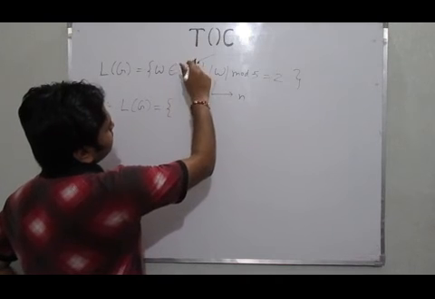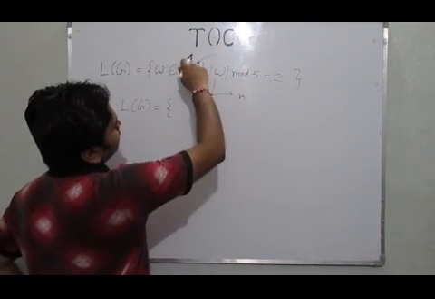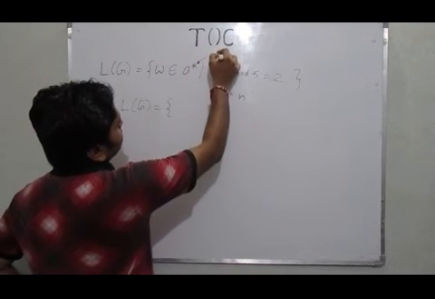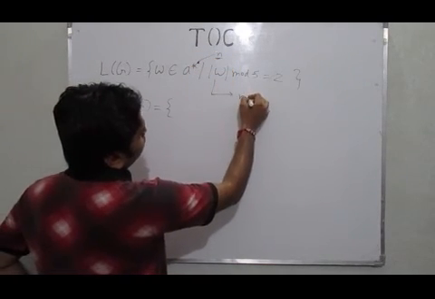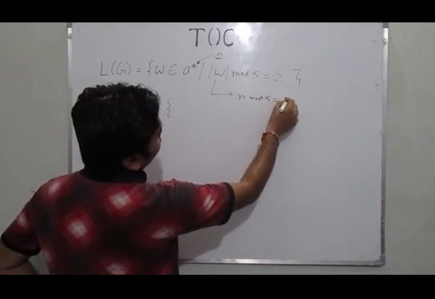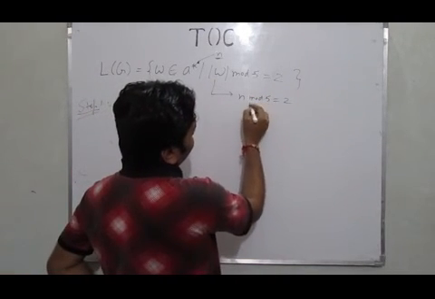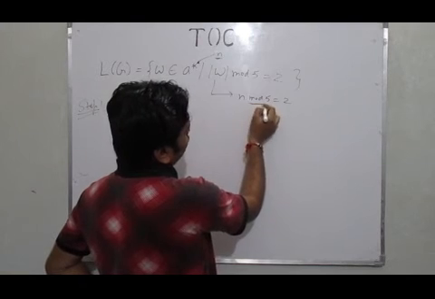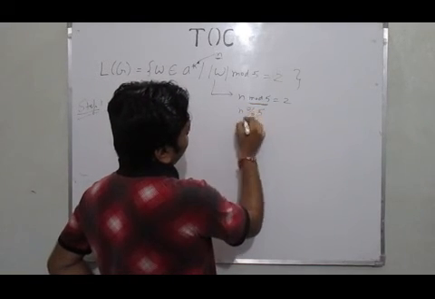No, sorry, this means infinite. I can generate any possible string here, and we simply determine its length as n. So what does n mod 5 is equal to 2 mean? If I take the mod of 5, it simply means n mod 5, that is a remainder.